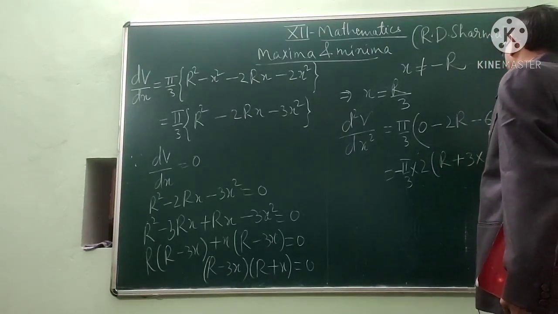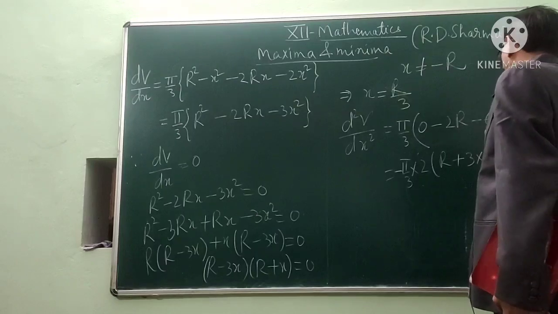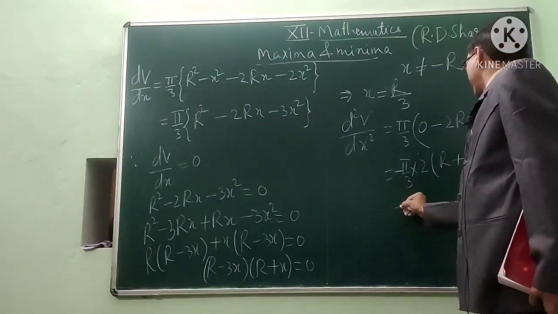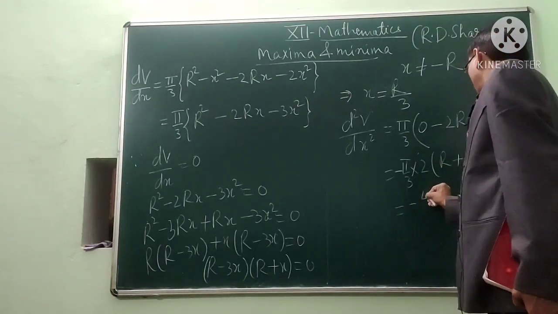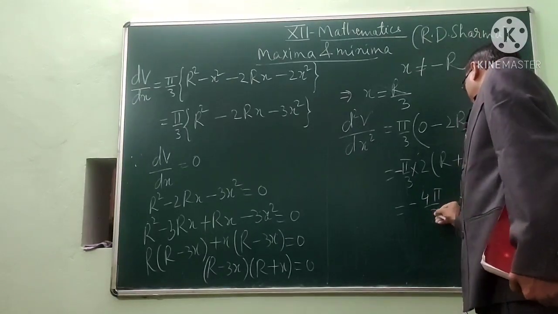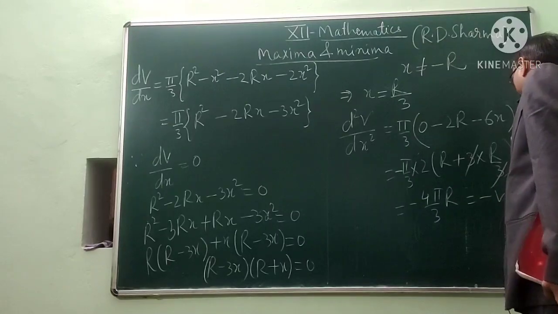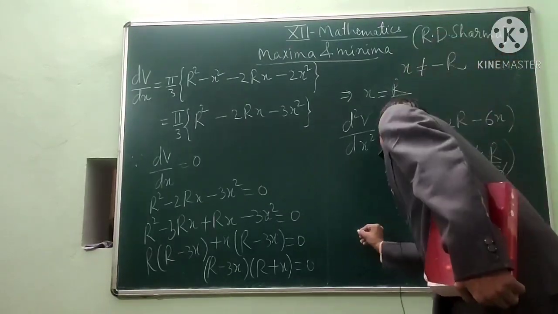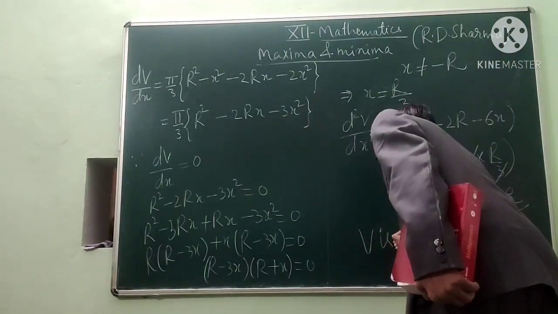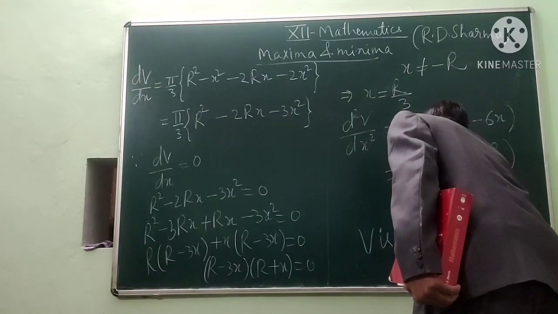With x equal to R upon 3, the 3 cancels, so it is minus 4 pi by 3 into R, which is negative. So V is maximum, the volume is maximum.